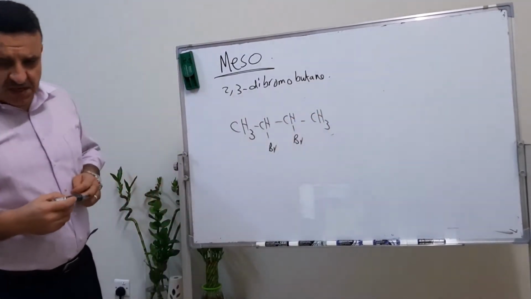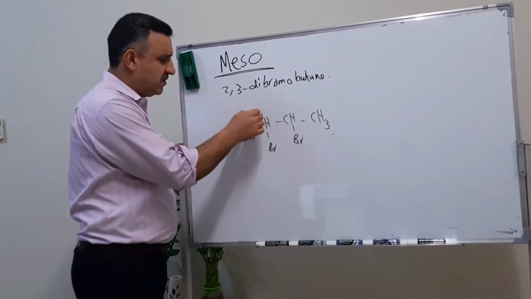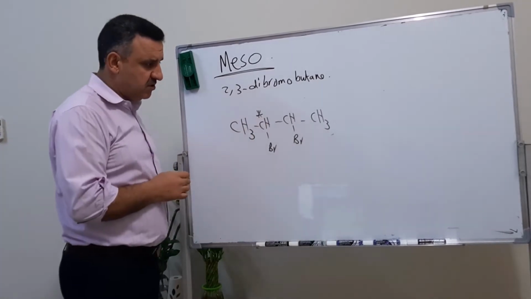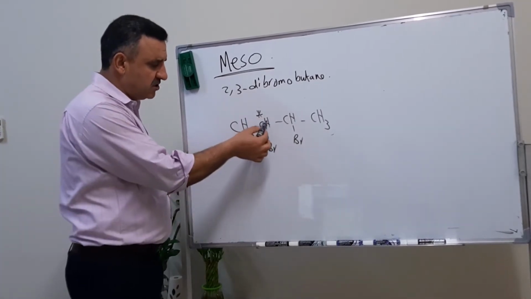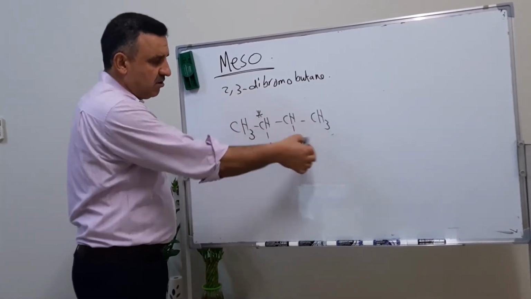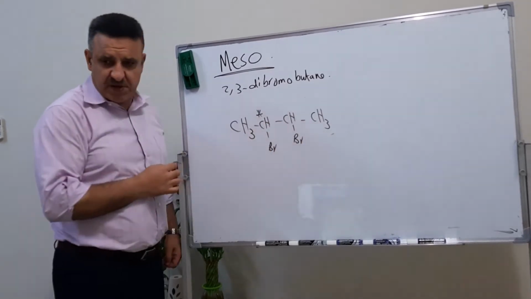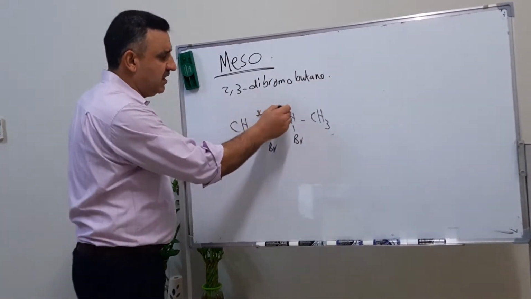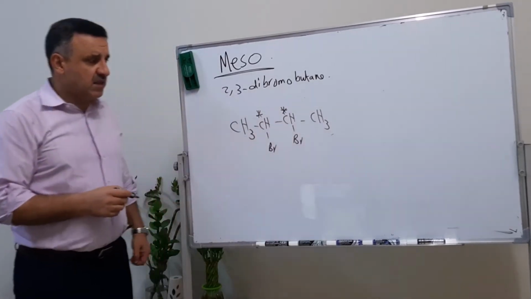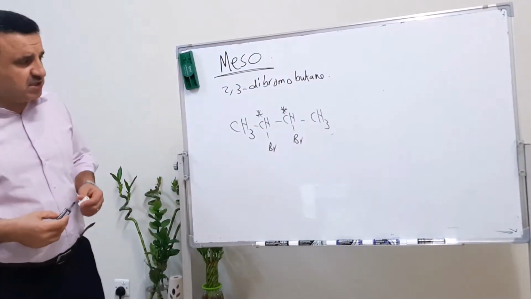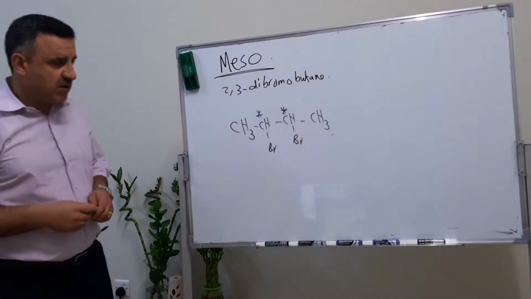As you can see in here, it's very obvious that this carbon is connected to 4 different groups and atoms, which is hydrogen, bromine, methyl, and all of this group. Therefore, this carbon is a stereocenter. Similarly, this carbon is also another stereocenter because, again, it's connected to 4 different groups or atoms.